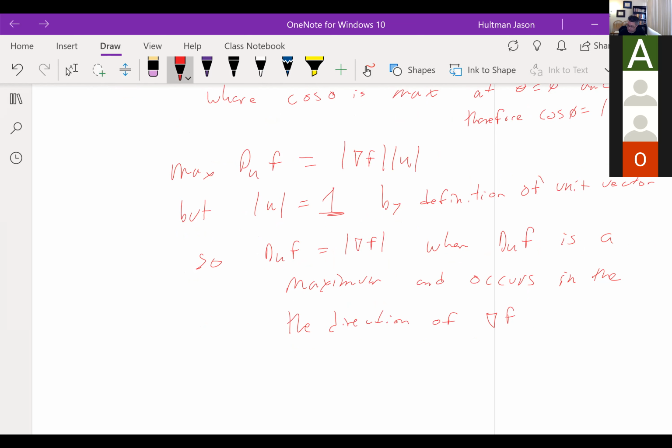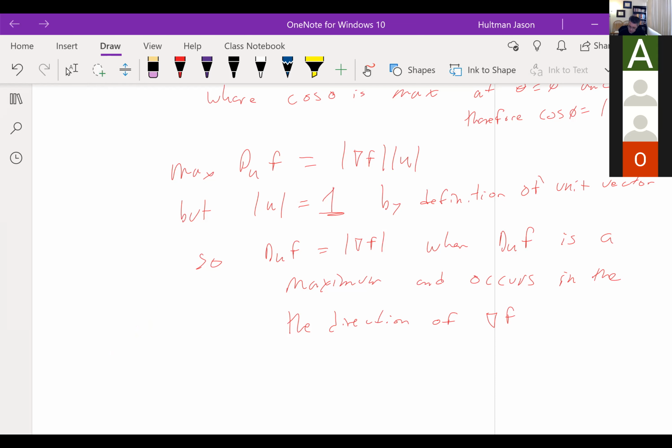If I take the gradient function, isn't the magnitude of the gradient function going to be in the direction of the gradient function? Yeah, so there you go.